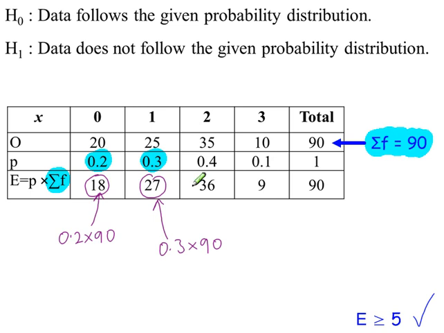These expected frequencies should always add up to the same as the total for the observed frequencies, so this value and this value should be the same. Our probabilities should all add up to 1. All of the E-values are at least 5.